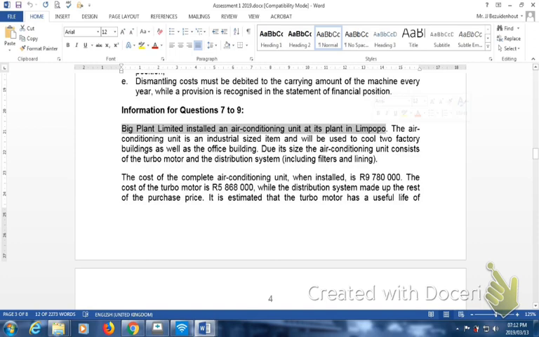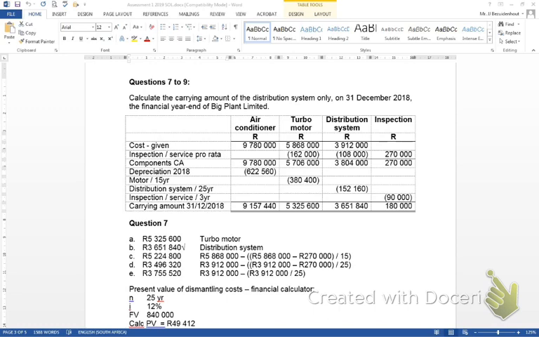Now, that air conditioning unit, we give you there the total cost, 9,780,000, and we also give you the cost of the turbo motor, while the rest is the distribution system. So if you look at this, you see there's the total cost of the air conditioning system. Because there are components, you had to split it between the turbo motor and the difference is the distribution system.